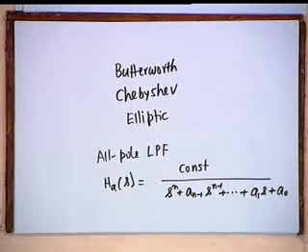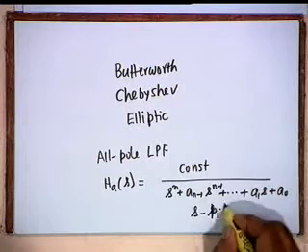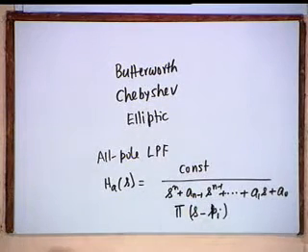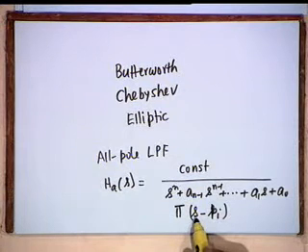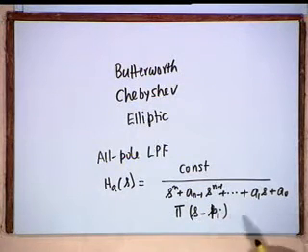In deviation from digital filter transfer functions, in digital filter transfer function we always write the constant term as unity. Here we shall write the coefficient of the highest power as unity, because we shall write the poles as S minus Pi continued product, so that the highest power has a coefficient of 1.